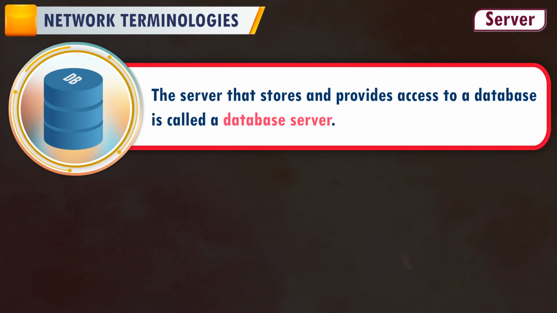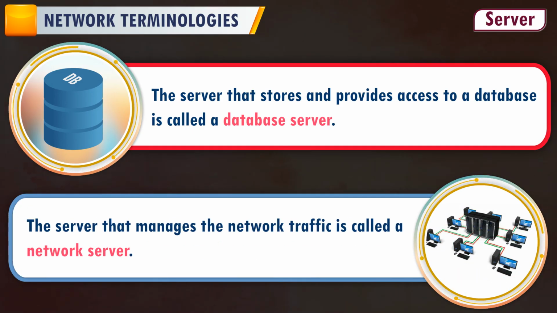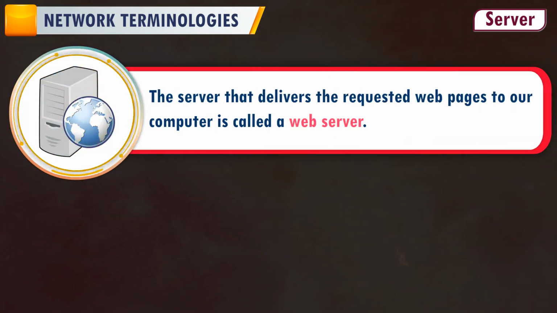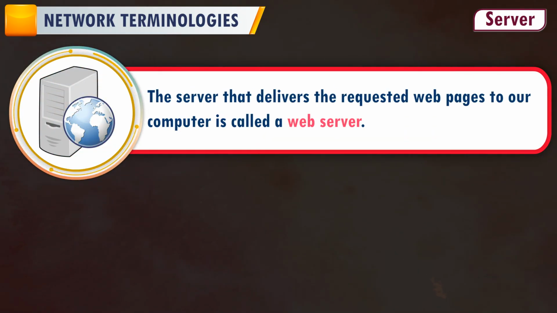The server that stores and provides access to a database is called a database server. The server that manages the network traffic is called a network server. The server that delivers the requested web pages to our computer is called a web server.